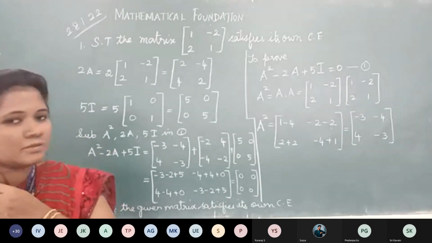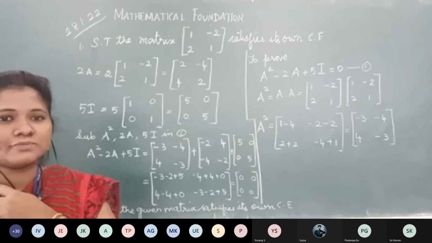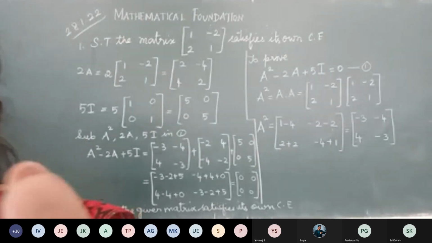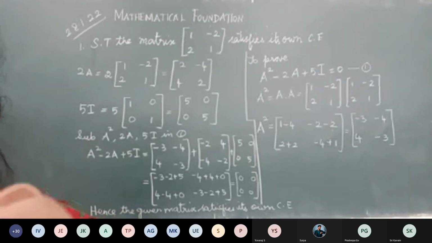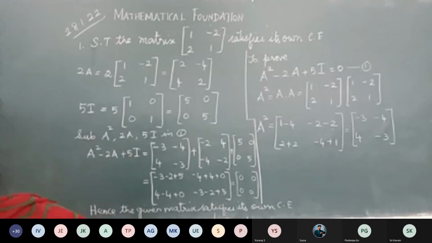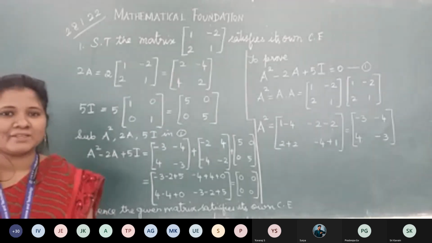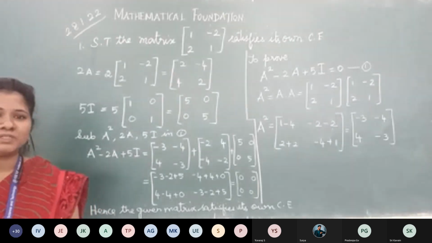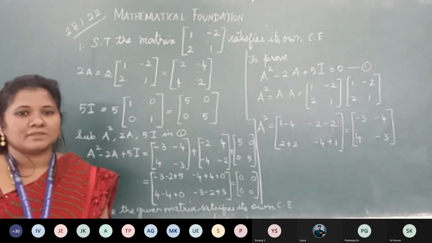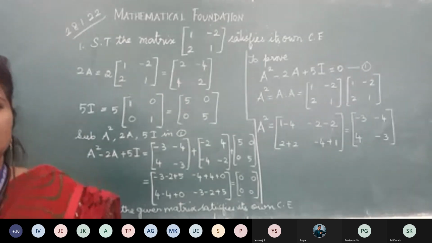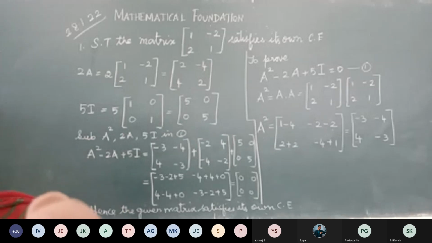This one, no. It's a very simple problem, a 2 cross 2 matrix. Why are you taking so much time to finish? Can you write it a little more fast? You all finished writing? Yeah? We'll go to a 3 cross 3 matrix. Have you all finished writing? Why are you not answering? You're able to hear.